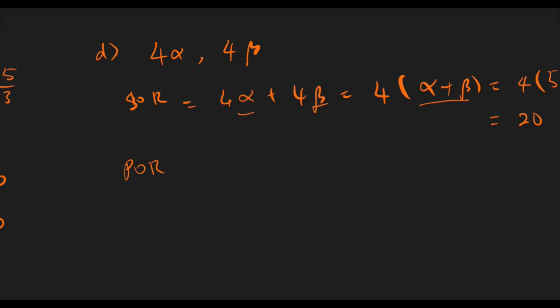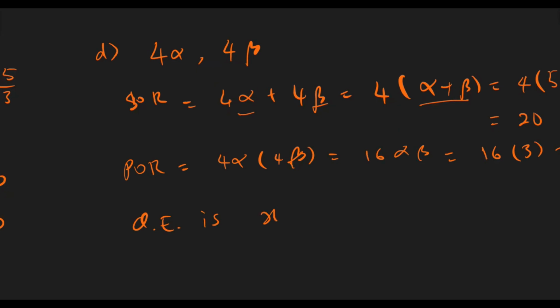And what is your product of roots, POR? That will be 4 alpha times 4 beta, which is 16 alpha beta. And 16 multiplied by 3 is 48. So what is your sum of roots and product of roots? So x squared minus 20x plus 48 equals 0.